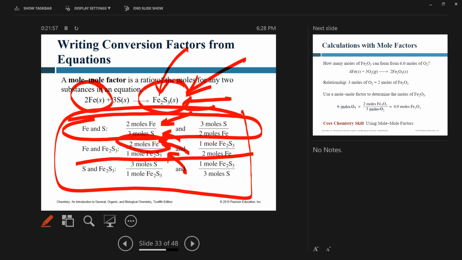Let me completely rephrase it. Forget about the moles. Totally forget. You have 2 atoms of iron. Follow the equation there. You have 3 atoms of sulfur. Do you follow? Look at the reaction.